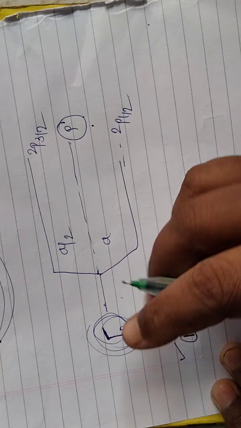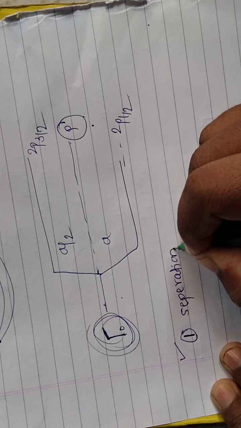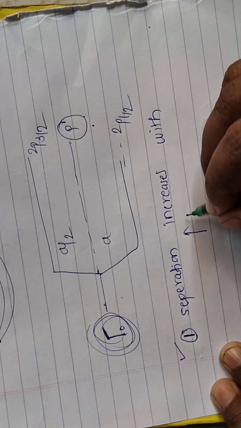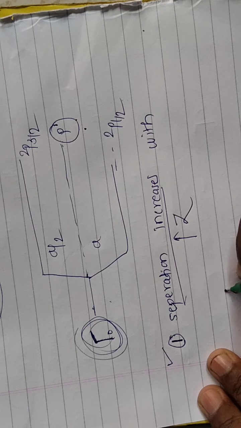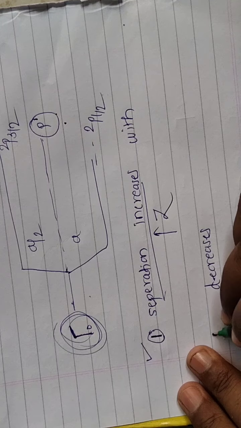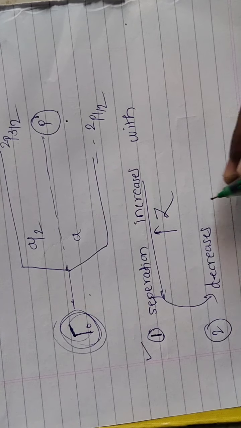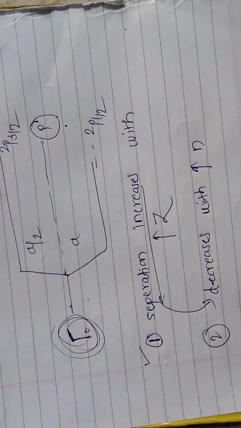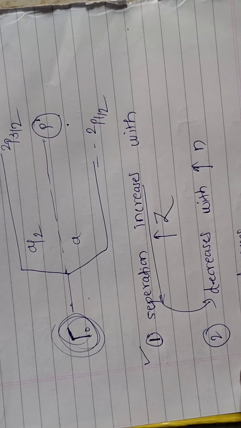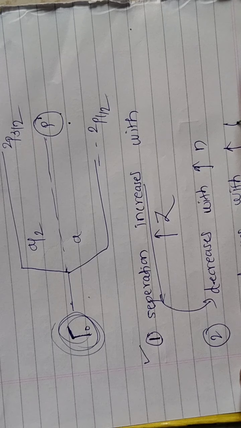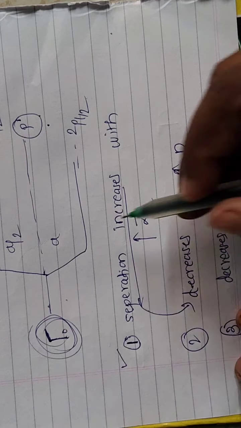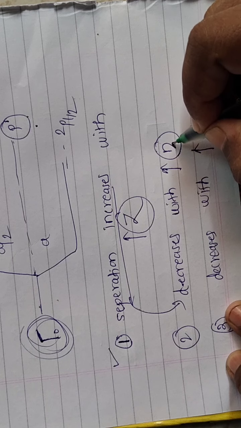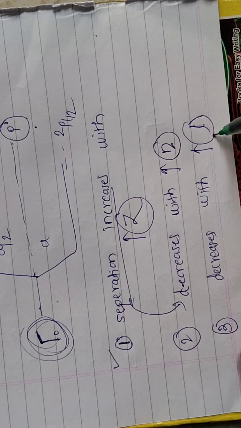This separation increases with increase in Z. Second point, this separation decreases with increase in n, and this separation decreases with increase in L. So this separation is dependent on the atomic number of the atom, dependent on the value of the principal quantum number, and dependent on the value of the orbital quantum number.